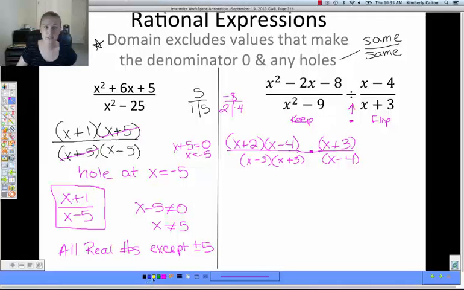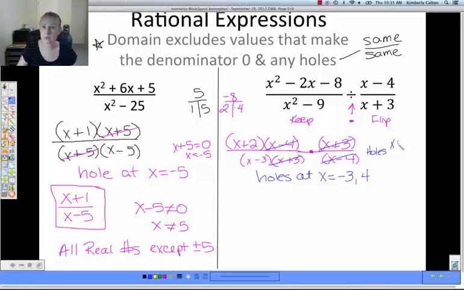So I notice that we have a positive x plus 3, and we also have an x minus 4. Those are our holes. So we have holes at x equals negative 3 and positive 4.